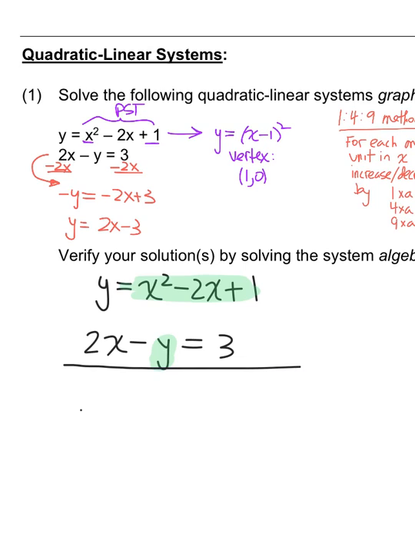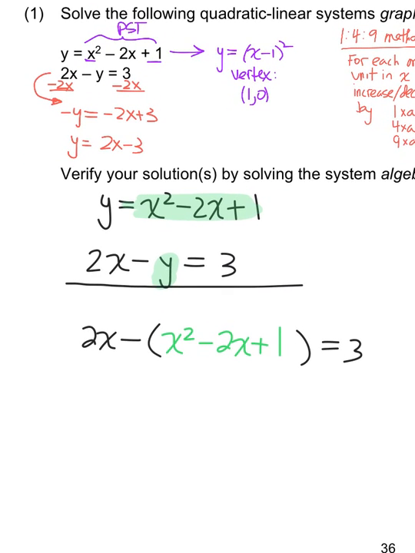So we're looking at 2x minus the entire expression x squared minus 2x plus 1, at which point we can distribute. I have a negative 1, understood negative 1 here, gets distributed to each term.